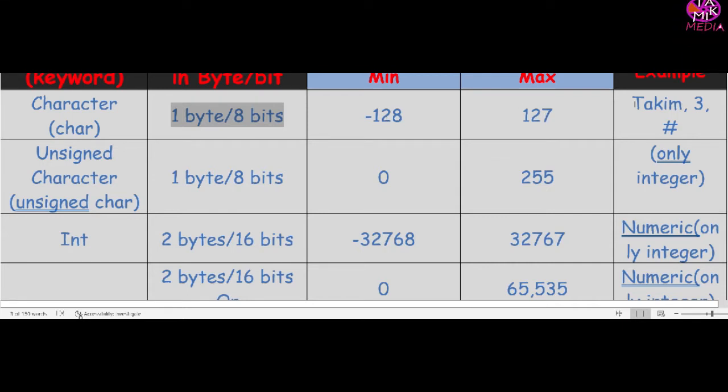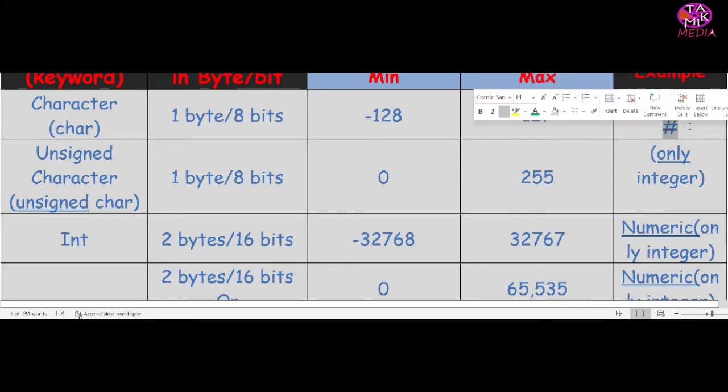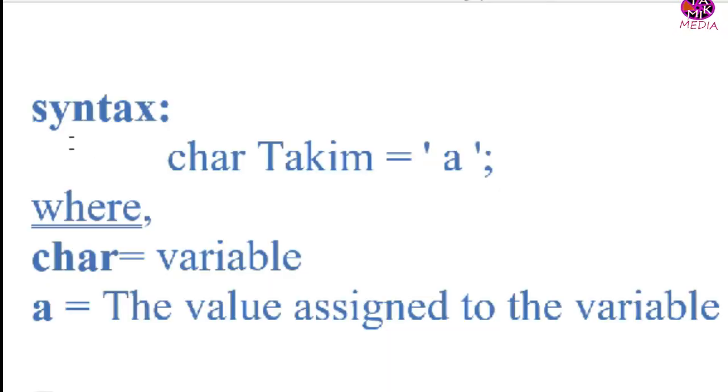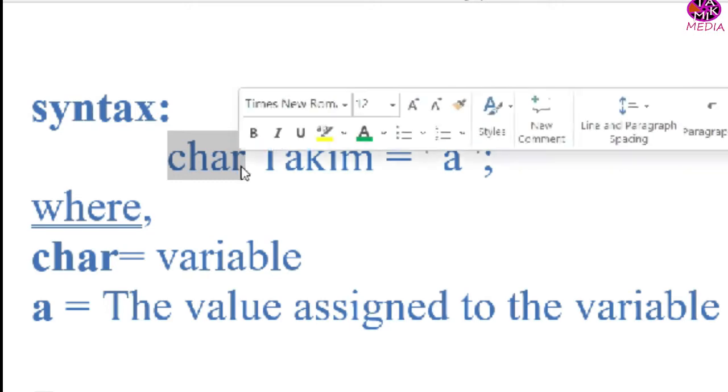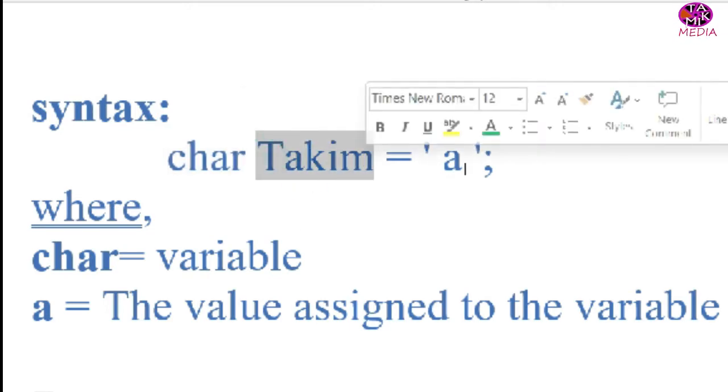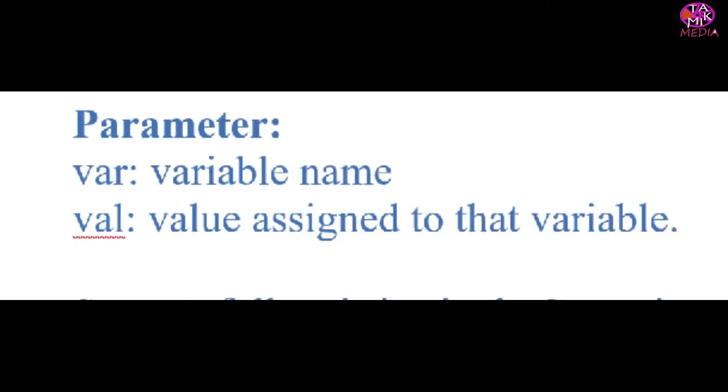For example, letters, numerics, symbols, but for numeric you can use only the integer data type. Syntax. This is the keyword, this is the variable name, and this is the value. So here we need two parameters, that is the variable name and the variable value.